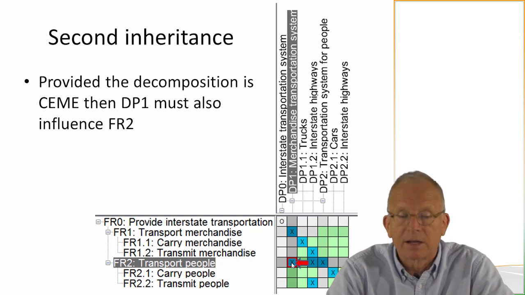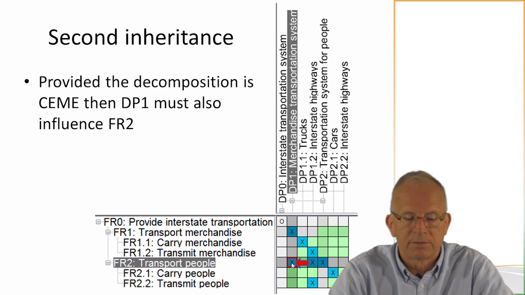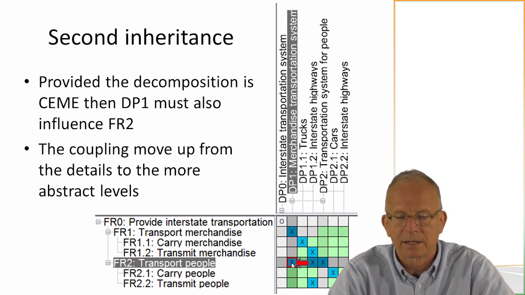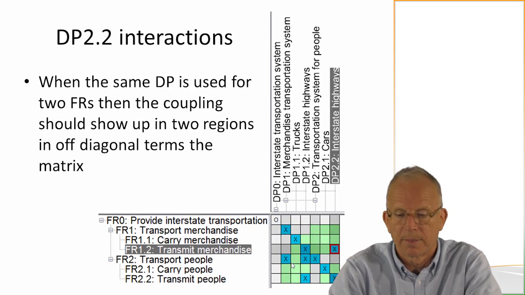So provided the decomposition is CME, then DP1 must also influence FR2, and the coupling moves up from the details to the more abstract levels. So now we see there's coupling between DP1 and FR2, which wasn't obvious before.